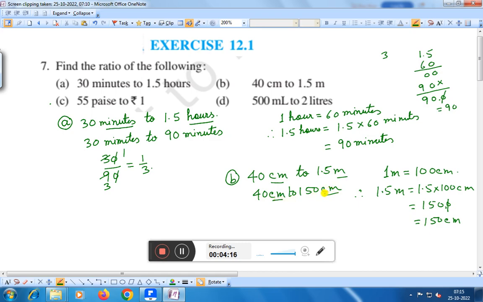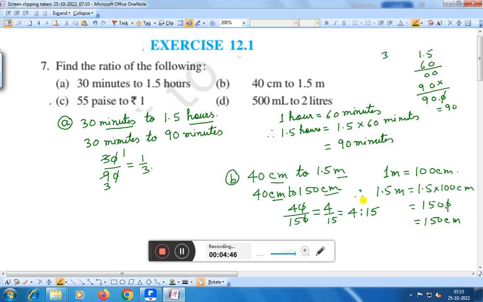It is centimeter, it is also centimeter. Therefore, you can find the ratio now. Therefore, 40 divided by 150. This 0 will be cut, right? 4 by 15. Therefore, the ratio is 4 by 15, or you can write it as 4 is to 15. Right? This is the question number B.